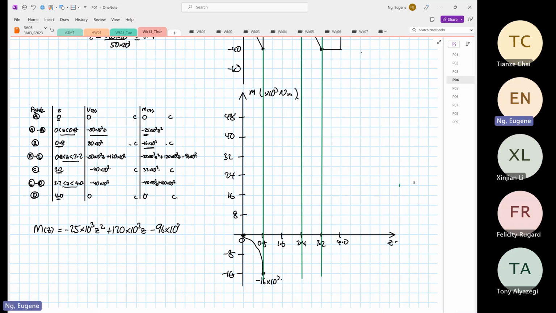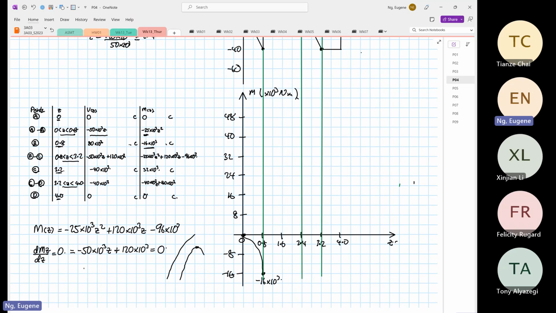So we want to find dM/dz, which is equal to 0. Why are we doing that? We want to see, up to 3.2, did it continue to go up like this, or did it achieve its maximum and there's a U-turn? So we just differentiate the equation. When we differentiate, you have minus 50 times 10 to the power 3 z plus 120 times 10 to the power 3, the whole thing equal to 0.